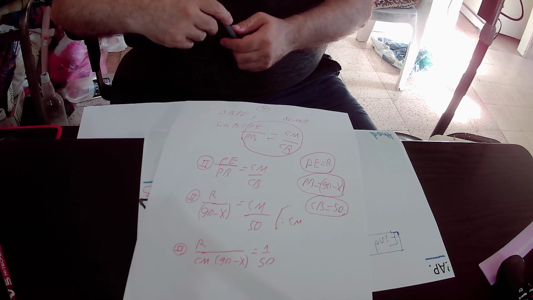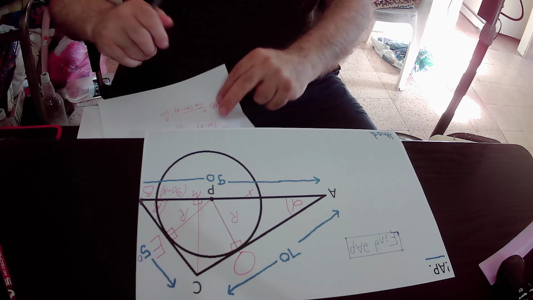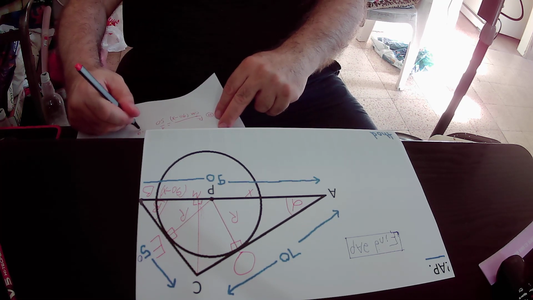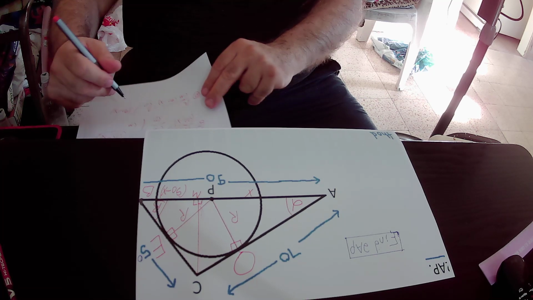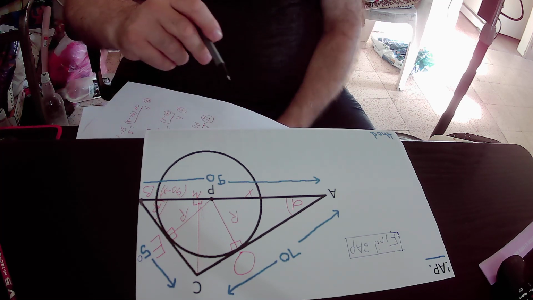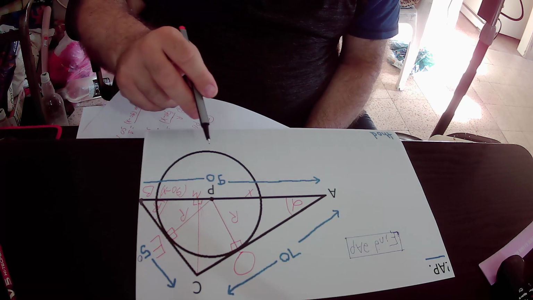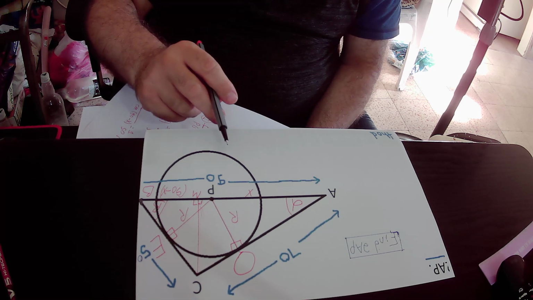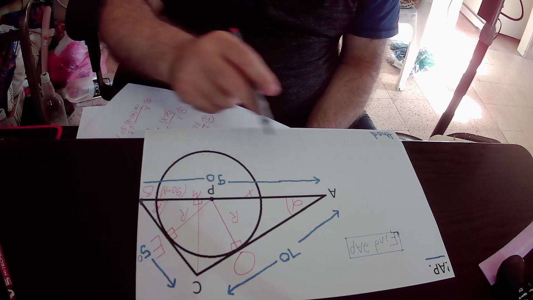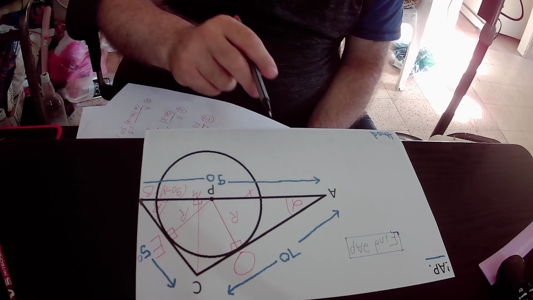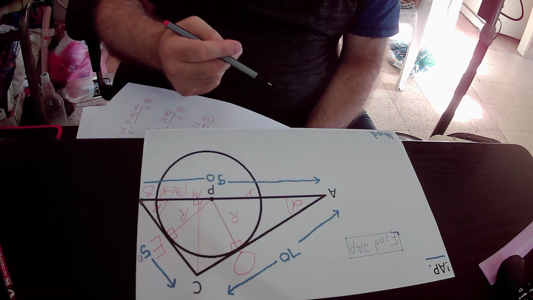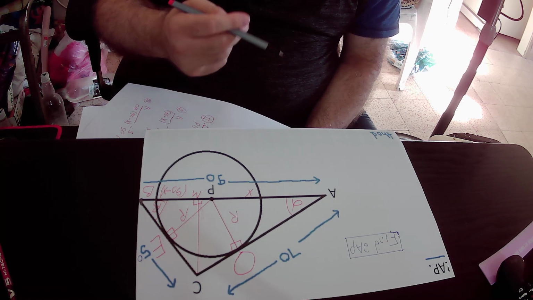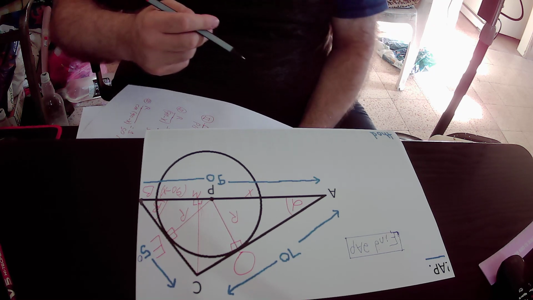Here we will multiply both sides of the equation by 90 minus x. It is allowable because 90 is bigger than x, so 90 minus x will be a positive number, and it can never be 0. Because of this reason, it is allowable to multiply both sides of the equation by 90 minus x.